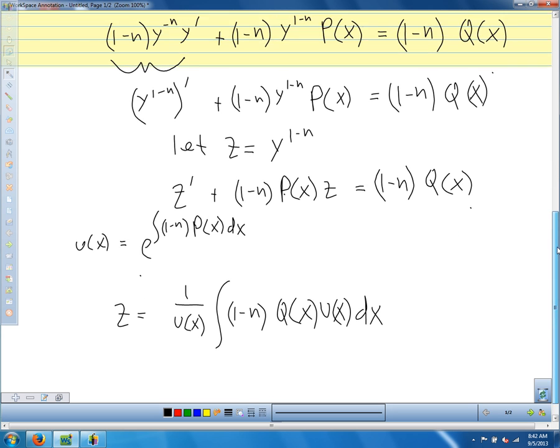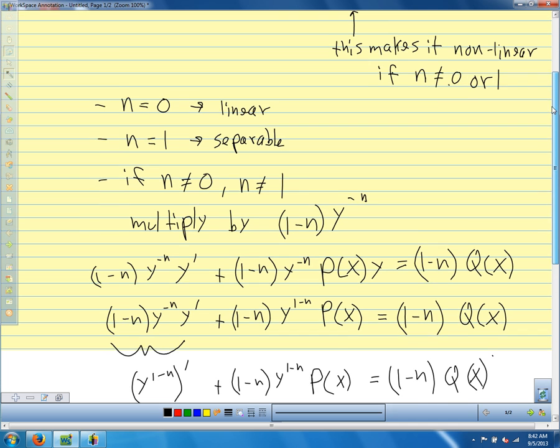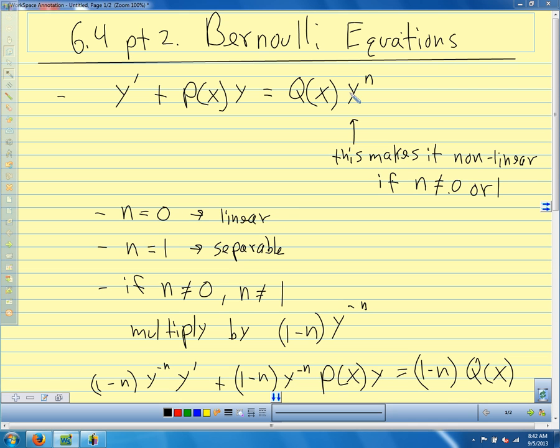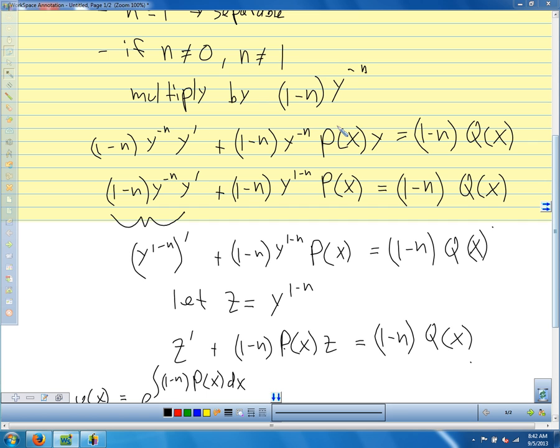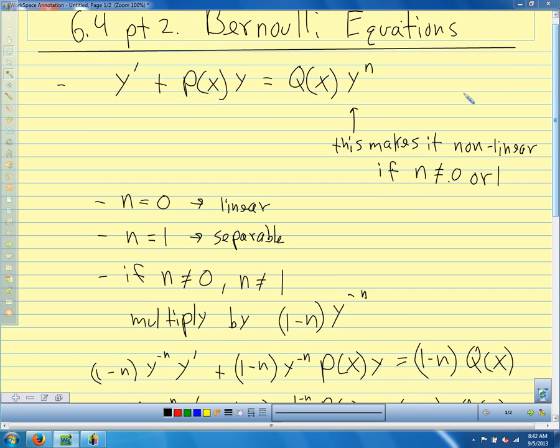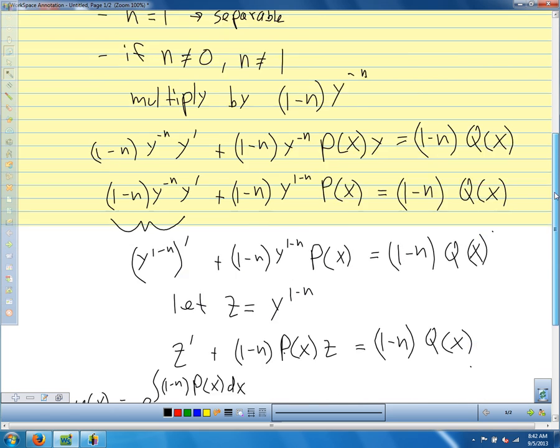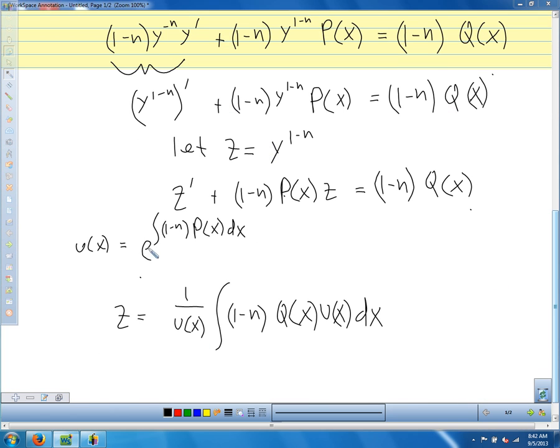So when we have a Bernoulli equation, we have it in this form. We make the substitution z equals y to the 1 minus n, and we can apply this procedure, but there's a nice shortcut. We don't have to worry about all of this. We make the substitution z equals y to the 1 minus n, and then our integrating factor is e to the integral of (1 minus n) p of x dx. And this is going to be our solution in terms of z, and then we can back substitute to get y.